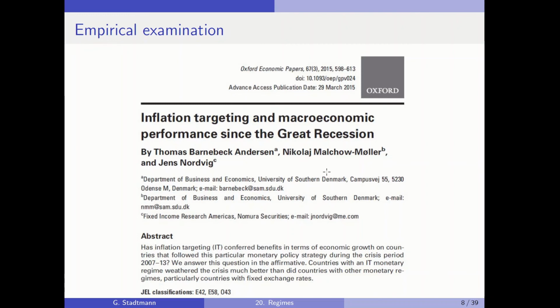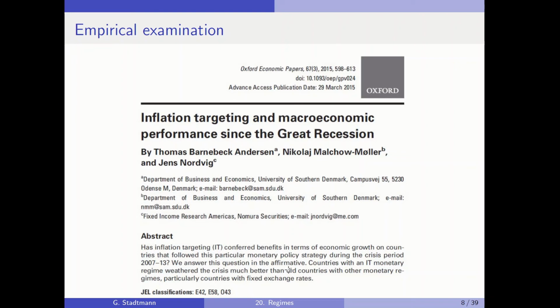So in this paper, which deals with how the Great Recession was mastered, the researchers examined whether inflation targeting has some benefits in terms of economic growth in the crisis period 2007 to 2013.